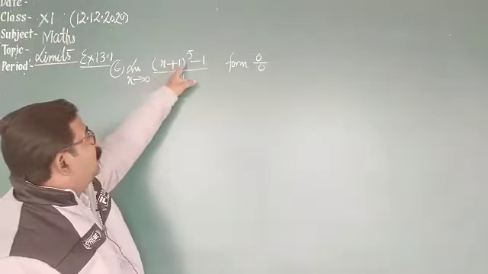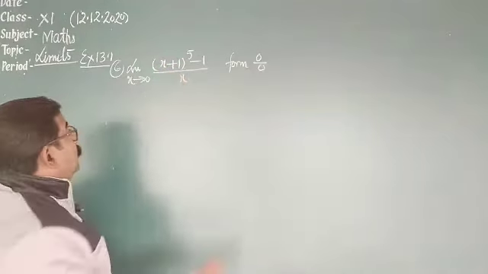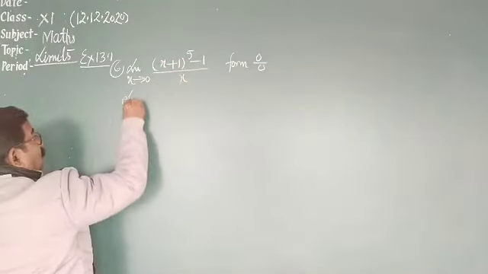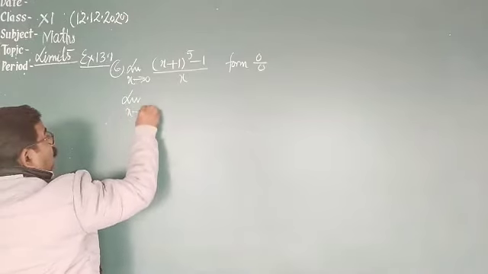So this is a binomial theorem, (x plus 1) to the power 5. So how to solve? Limit x tends to 0.